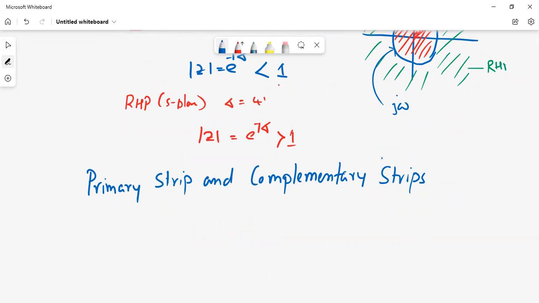What does it mean? Note that since the angle of z is omega t, we know that e to the power j theta, theta is our angle. So in our case, we have e to the power j t omega. So t omega is the angle. And if we vary the angle of z from minus infinity to infinity, as omega is varied from minus infinity to infinity, then what are we going to see?